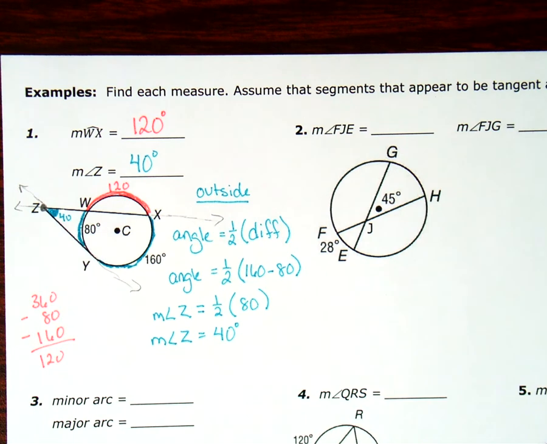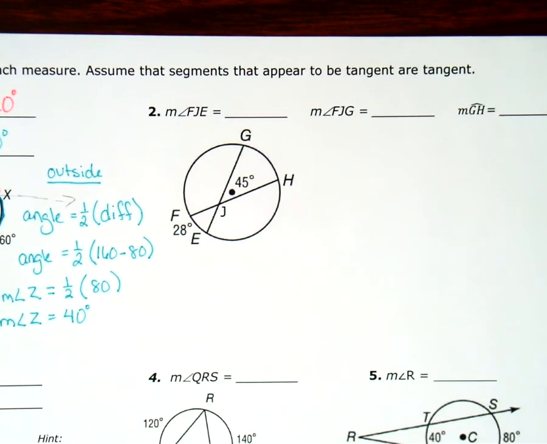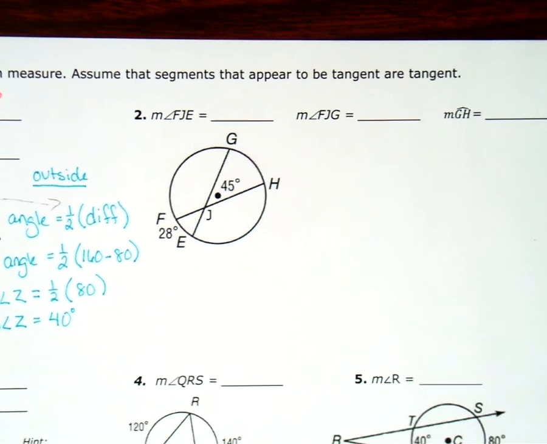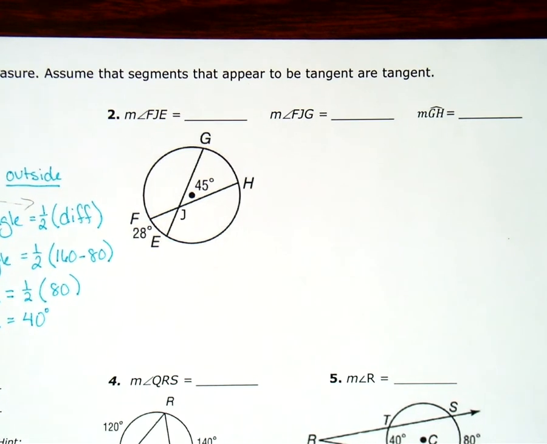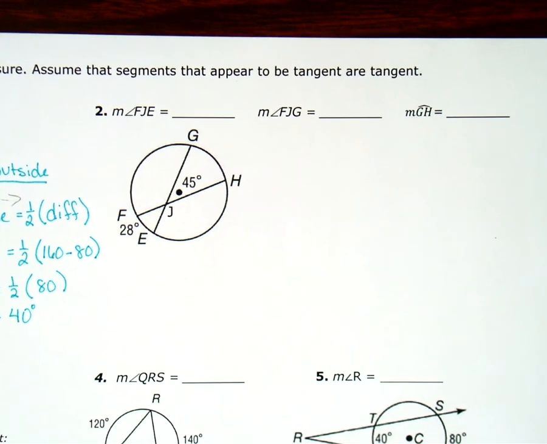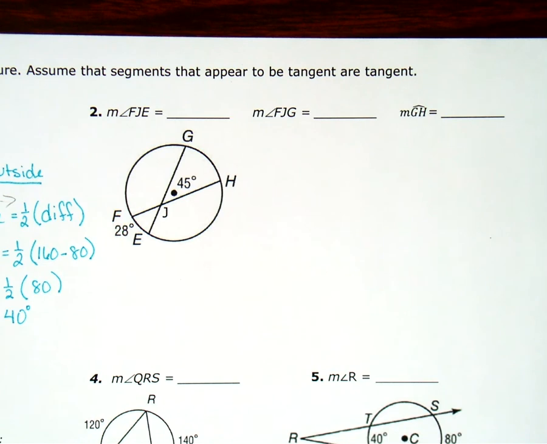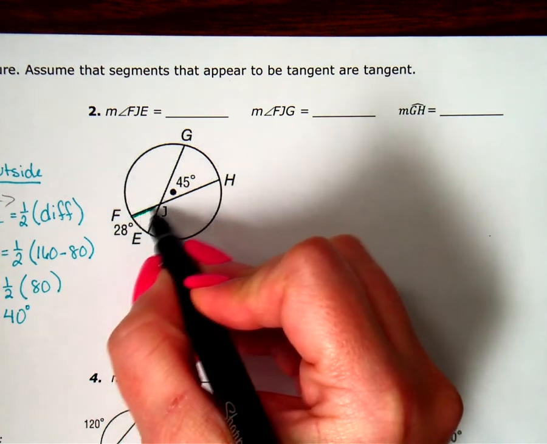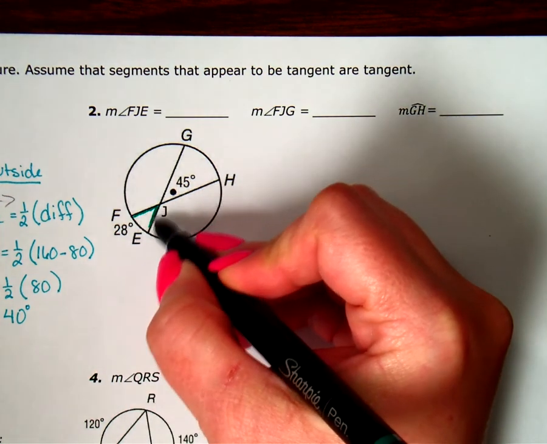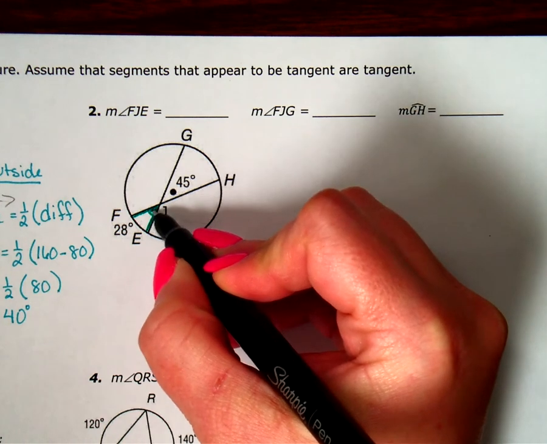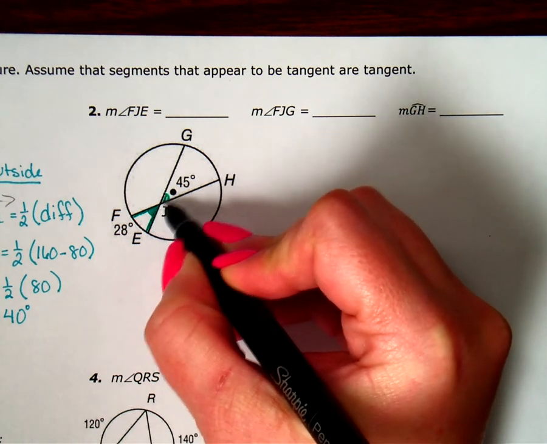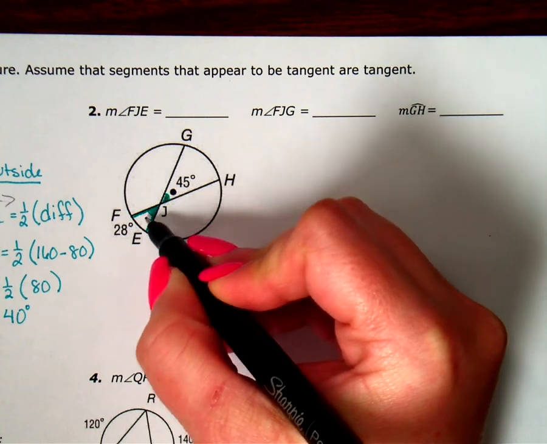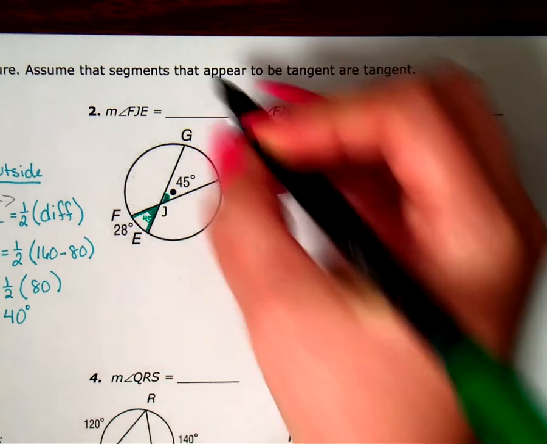On the next problem, it says to find the measure of angle FJE and the measure of angle FJG, and it says to find arc GH. So FJE, that's this angle here, and I know it's vertical to this angle here, so these 2 angles are the same. This is 45 degrees.